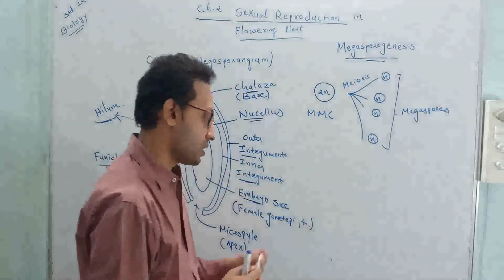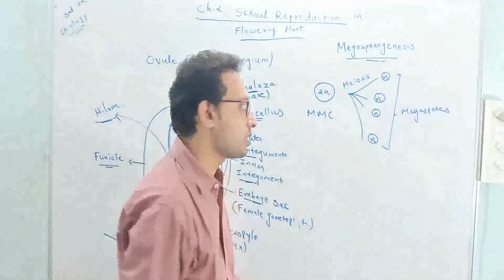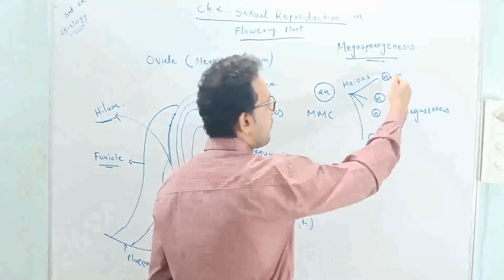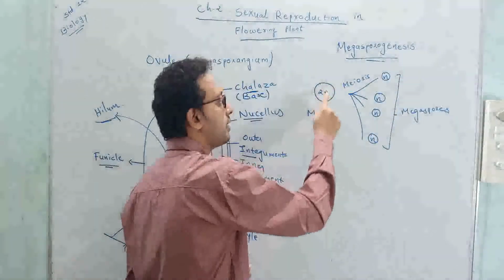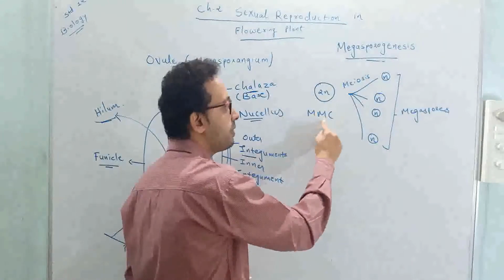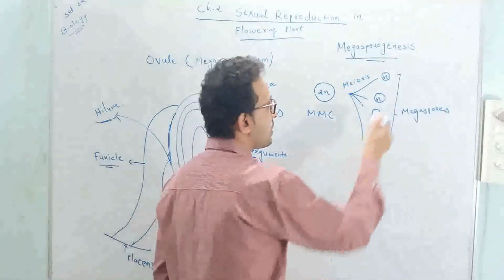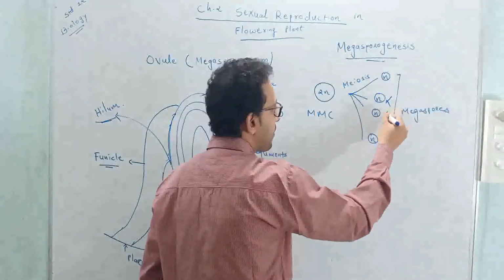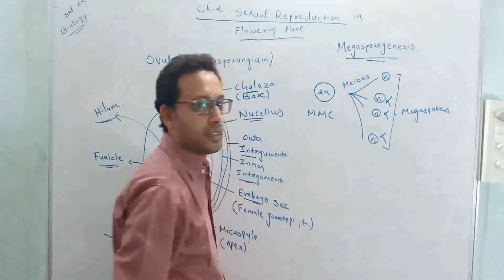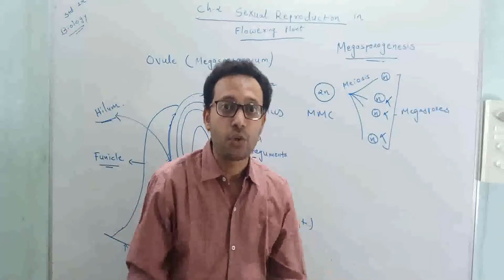Now how does the further process occur? You know that 4 haploid megaspores are produced from one diploid megaspore mother cell. From these 4, 3 will degenerate, that means they get destroyed.